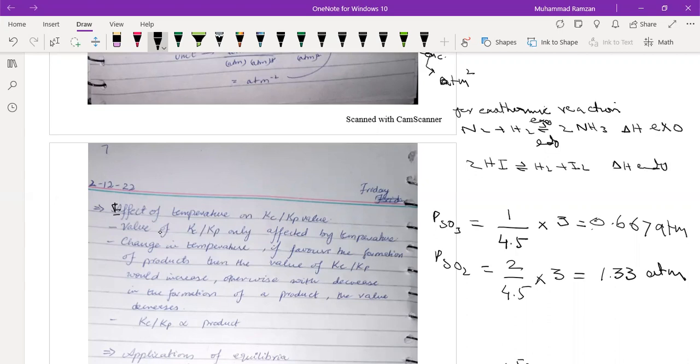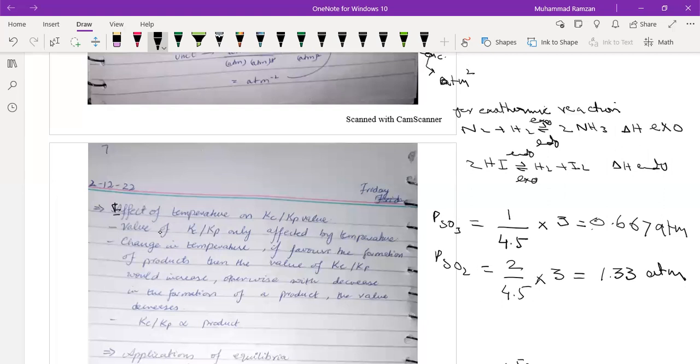It means forward is endothermic, backward is exothermic. If you increase the temperature, in the case of N2, H2, NH3, it will favor the backward side. It means product would decrease, so the value of Kc and Kp for N2, H2, NH3 would decrease.